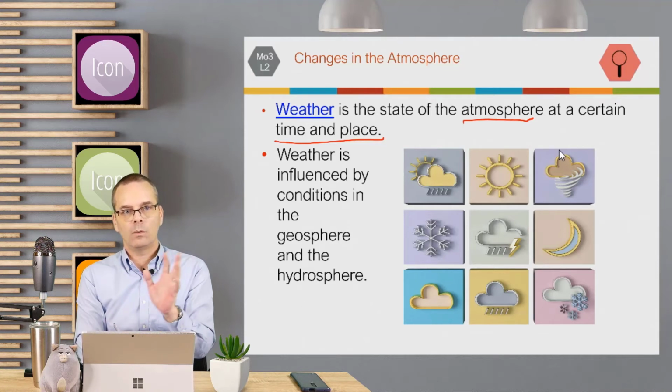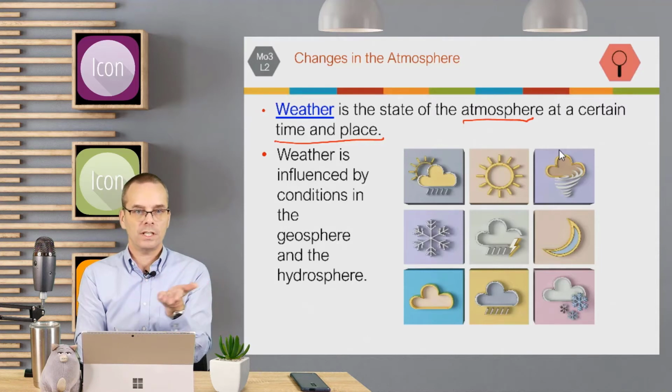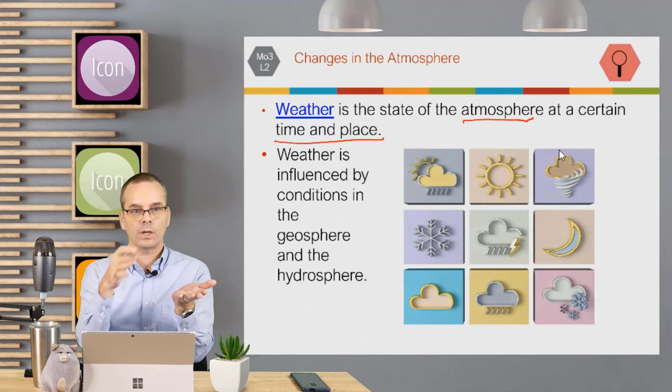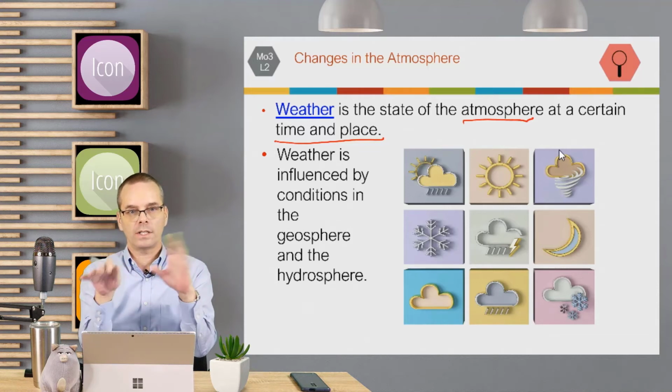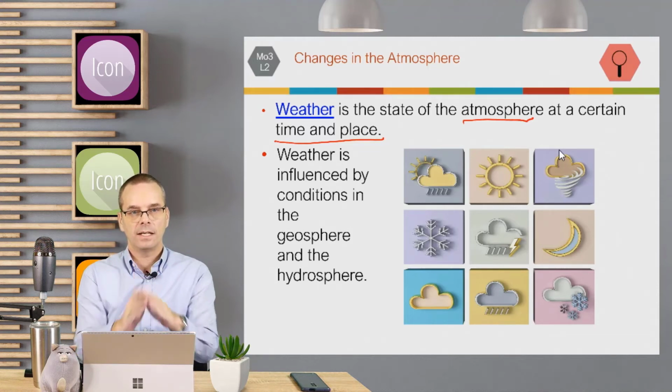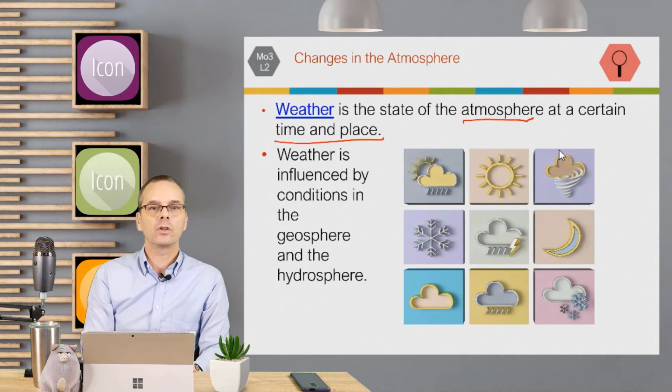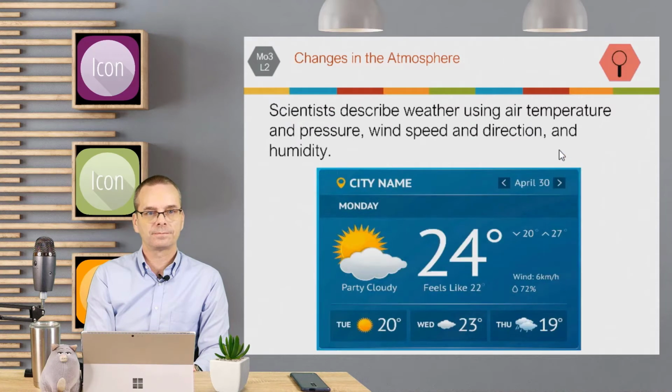So weather is influenced by conditions both in the geosphere, on the surface of the Earth, and the hydrosphere, what's going on in the water, etc. All these different spheres impact and affect the weather in a specific time, in a specific place.